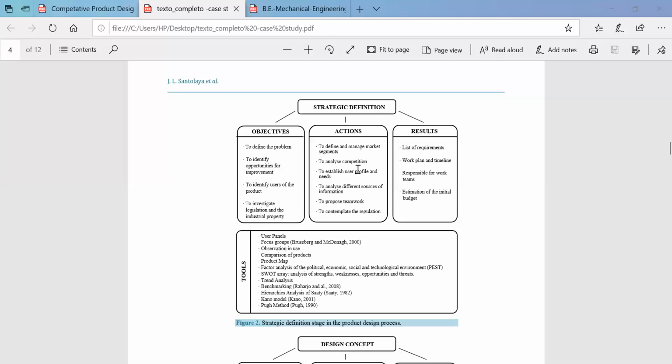So these are the two actions you have to do. Similarly, for the other objectives, there are specific actions which the people of the company have to perform. They analyze different sources of information available, and they propose a team who will work on it, right?